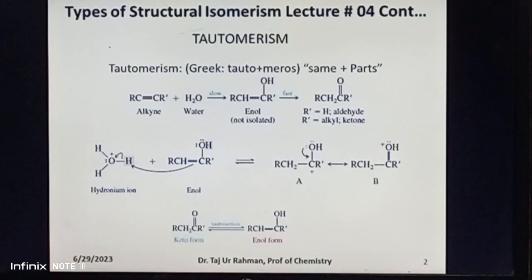If we look at the two resonance forms A and B, we can easily say that A has 6 electrons around its positively charged carbon atom, while B has 8 electrons around each of carbon and oxygen atoms.